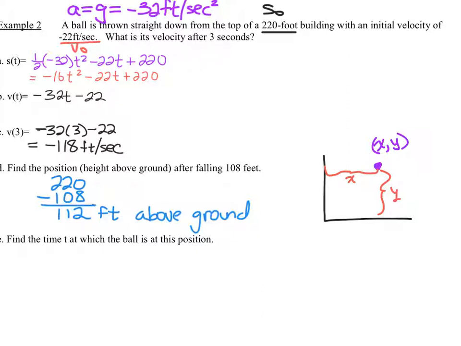Well, in this case, we're working with t's and s of t's. Whenever I define a function, the t taking place of the x would be the distance from the s of t axis, and the s of t would be the distance from the t-axis.